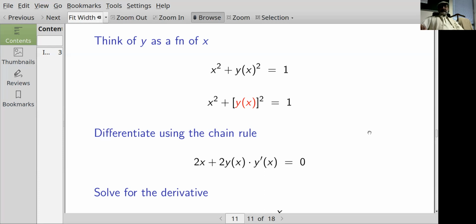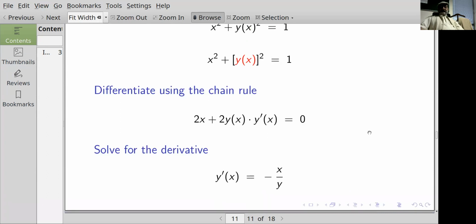So 2x plus 2y times the derivative of y is equal to 0. Now I'm going to solve for the derivative. So I drop the 2, I divide by 2, I bring x over to the other side, it becomes minus x, and then I divide by y. So I get that the derivative of y at a given x is equal to minus x divided by y of x. Okay.